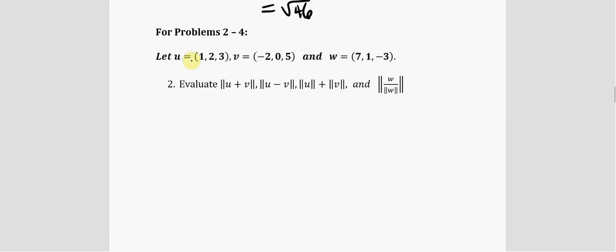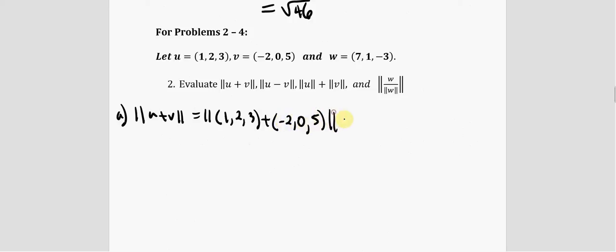Here, using U, V, and W, let's find all of these norms. So the norm of U plus V, this is the norm of U, which is 1, 2, 3, plus V, negative 2, 0, 5, and we find this is negative 1, 2, and 8.